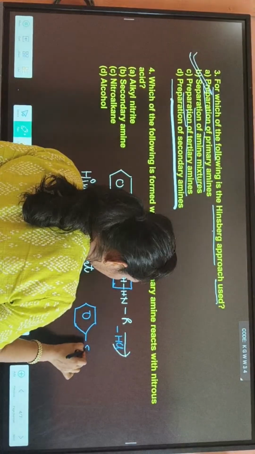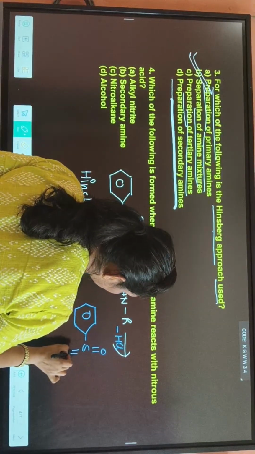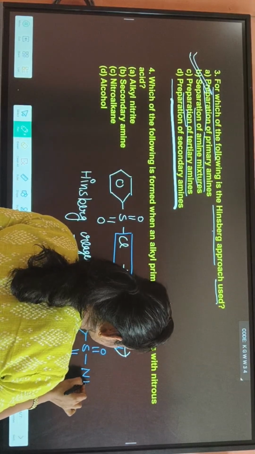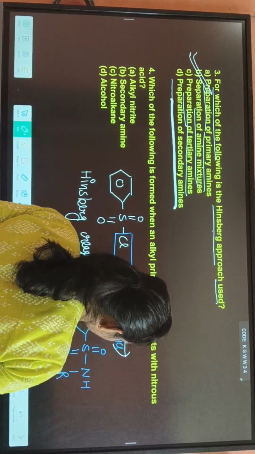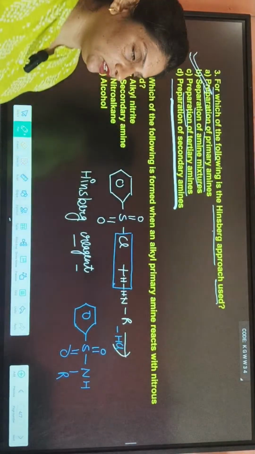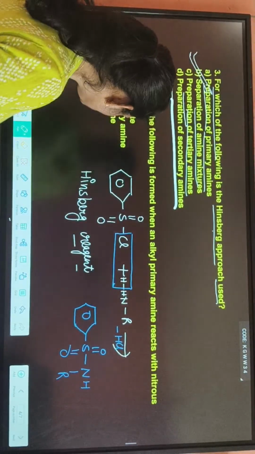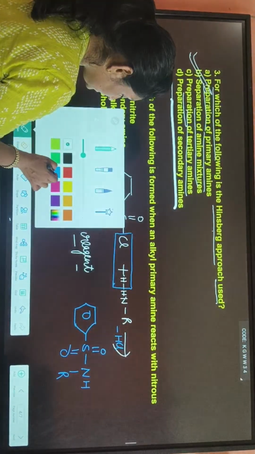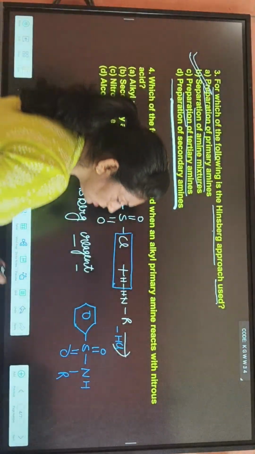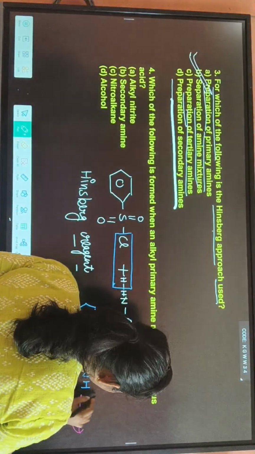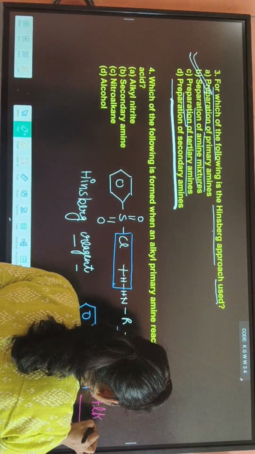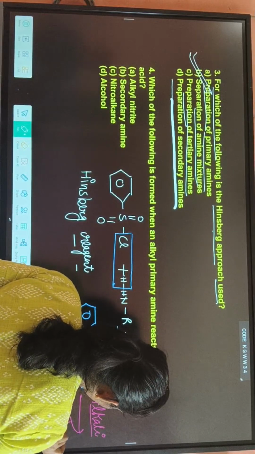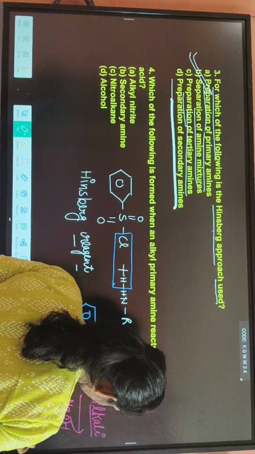Benzene, S double bond O, then NHR. Sulfonamide. Okay, then student, if this reacts with alkali, meaning either NaOH or KOH, then you will get a soluble salt here.